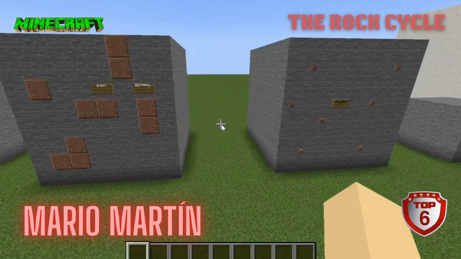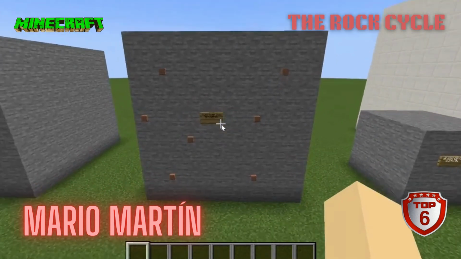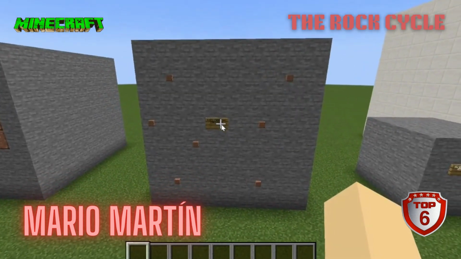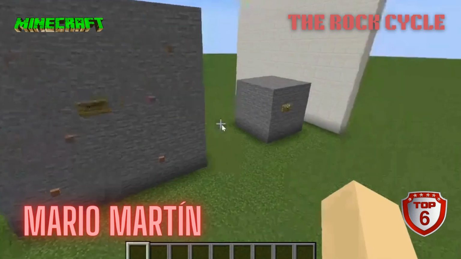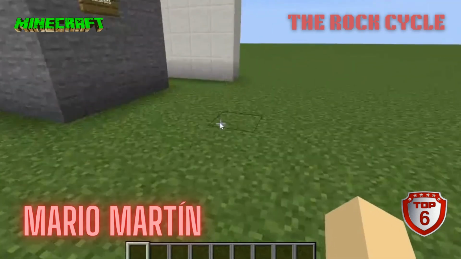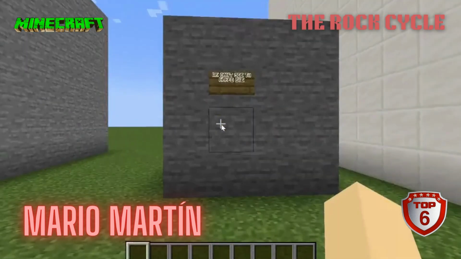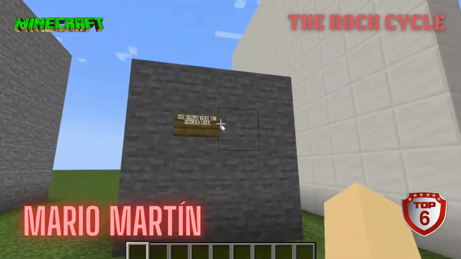Then clasts less than 2 millimeters but visible to the naked eye, like sandstone. And here we have clasts not visible to the naked eye, like clay, limestone, or shale.